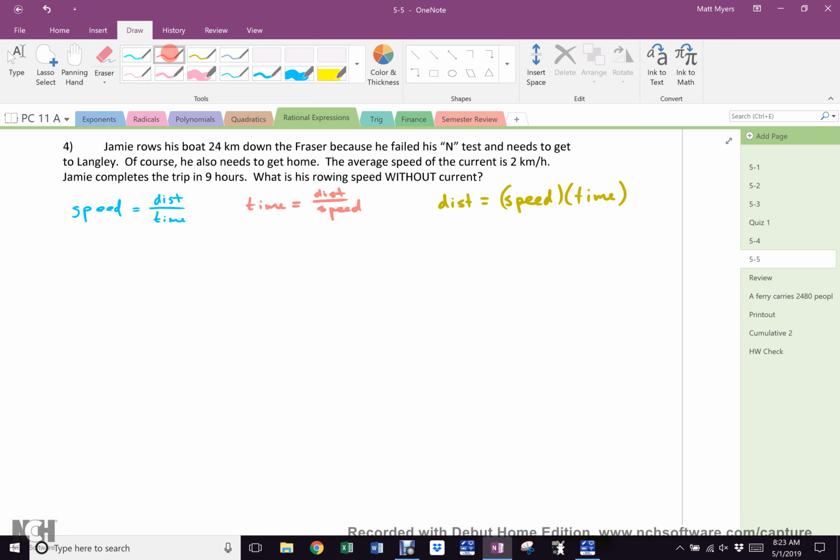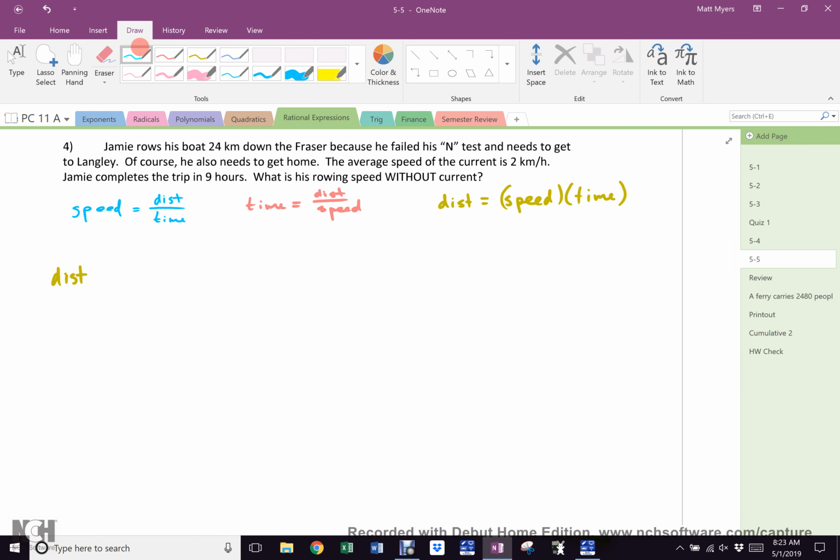What are the 3 things we need to do questions like this? We need to worry about 3 different values. What are they? Speed, time, and distance. Nice job, everyone. We'll start with distance.